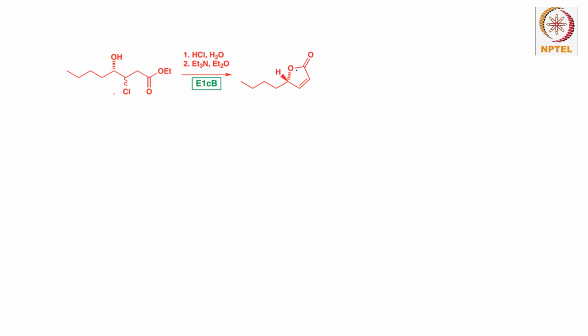Whenever there is an ester in a cyclized ring, that is called a lactone. An ester in a ring system is called a lactone. So obviously this oxygen has attacked here and removed this one. Then, if you count the number of atoms, 1, 2, 3, 4, 5, this center will attack here, then we will get this 5-membered ring.